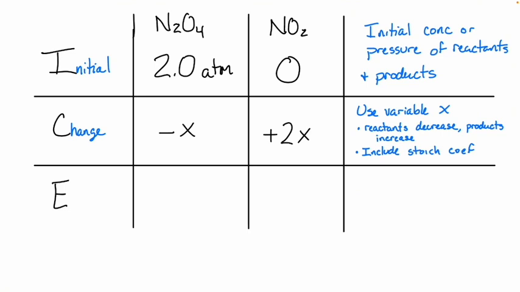Okay? So now the last row here, the E stands for equilibrium. In order for us to get what goes in this box in each column, we're just going to sum up our initial and our change boxes. So this is the sum of the I and the C boxes.